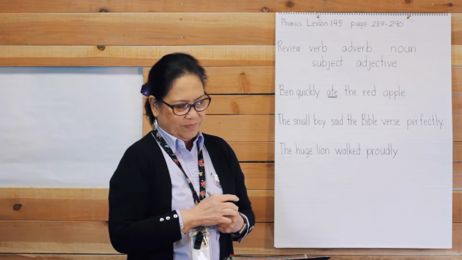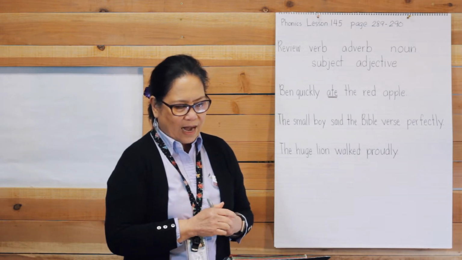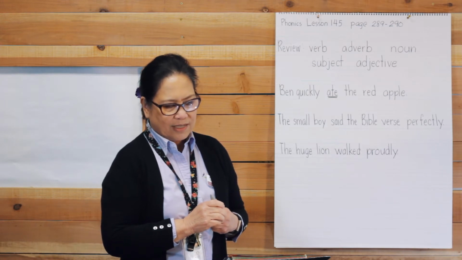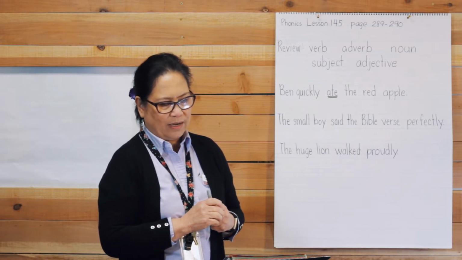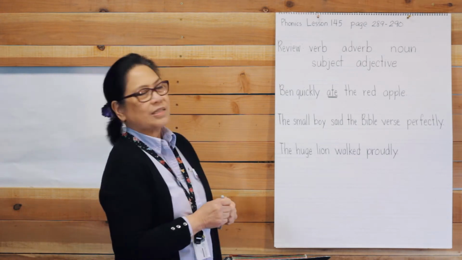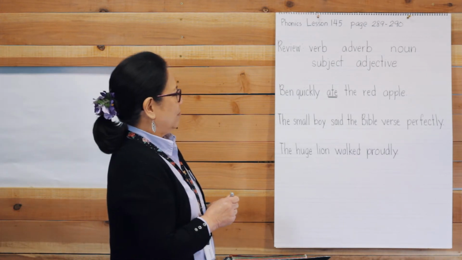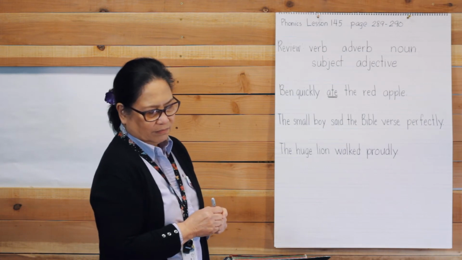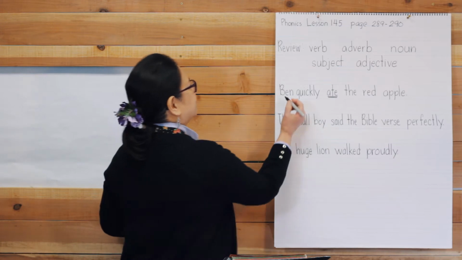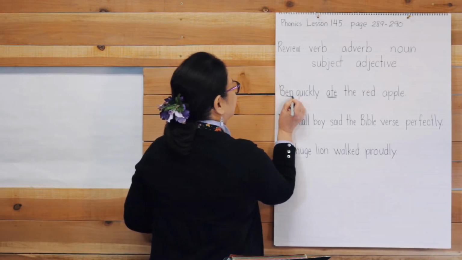Number 2, draw 1 line under each subject. Remember that some sentences may have more than one subject, okay? Who is the sentence about? Well, it's about Ben, right? It's about Ben. There you go.